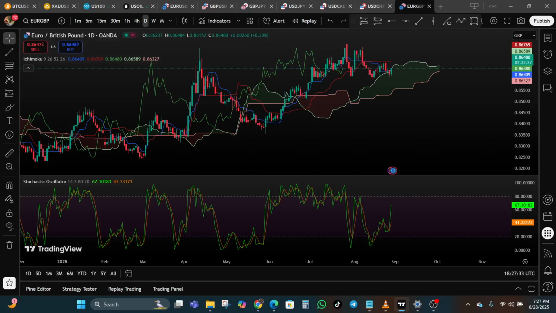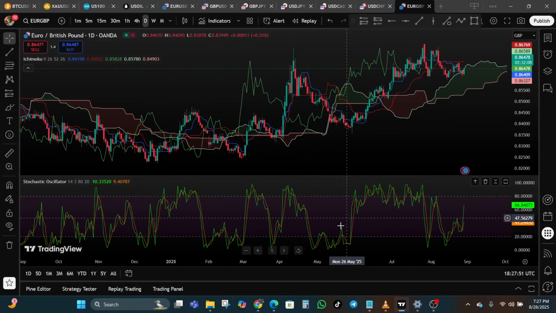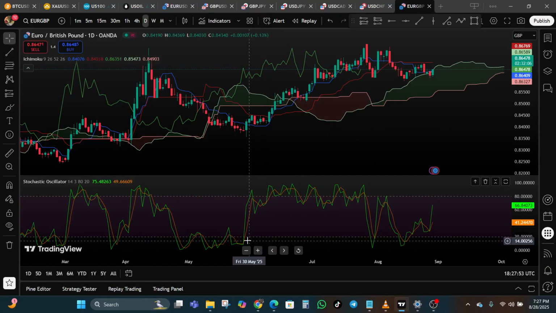Okay. First of all, we have to break down the indicators, right? The stochastic oscillator measures momentum and shows overbought or oversold conditions. All right. So basically, if you look closely, you see that there are two lines here. You can see this green line being the stochastic line, and you can see this other color being the signal line, right?